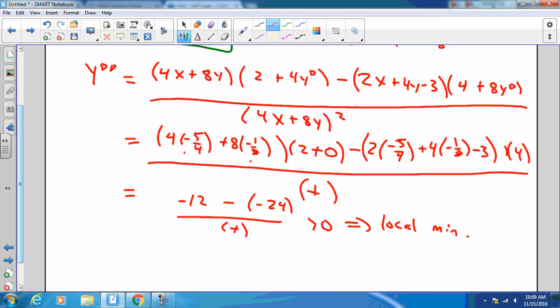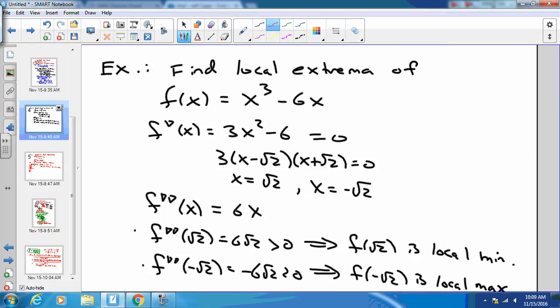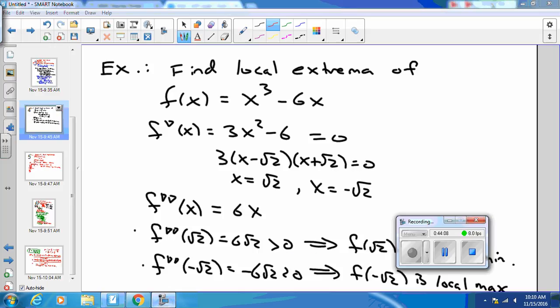And so I get positive 12 over something positive, which is going to be greater than 0. So I can conclude that we have a loop. This was a detailed analysis, and it is not the kind of thing that you necessarily have to do a lot of, but you can see why.